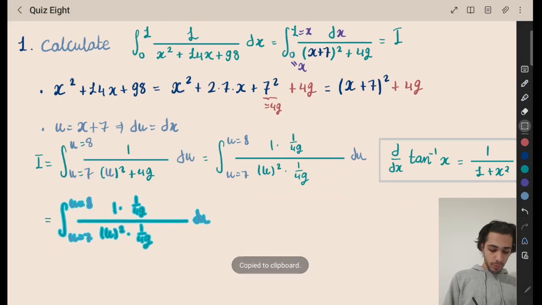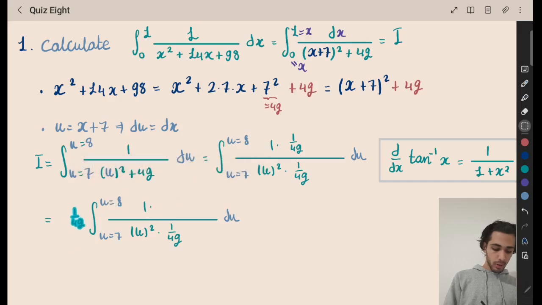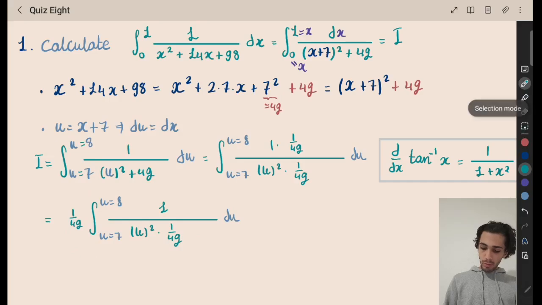So here's what I mean by bringing it outside. I made a small typo. So I'm multiplying 1 over 49 by this expression in the brackets.